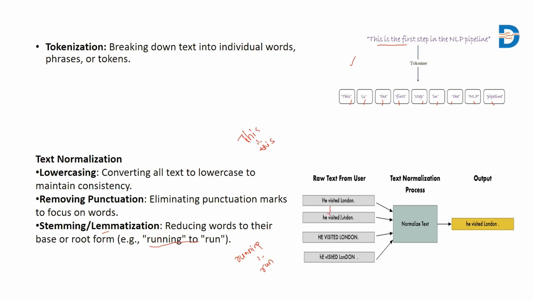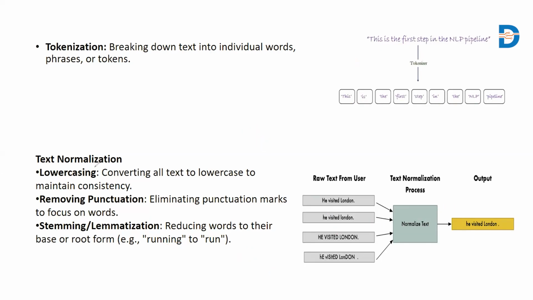Everything is converted into small letters, or else everything is converted into capital letters. Then the text is normalized: stop word removal, punctuation marks, lemmatization, lowercasing. After the entire process, we got the output: he visited London. In this way, we do text normalization.